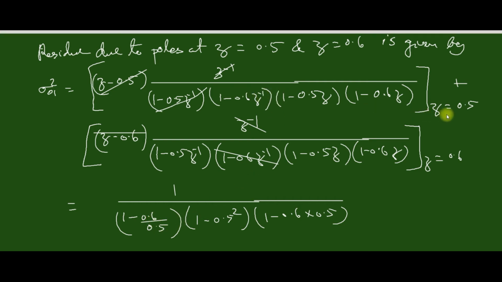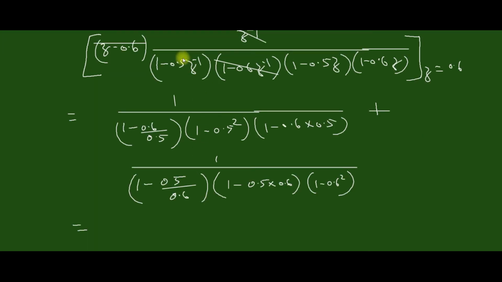Z inverse means it will be division by 0.5 into 0.5, 0.5 square, then 0.6 into 0.5 plus the term due to the 0.6. So here substituting 0.5 divided by 0.6 into 0.5 into 0.6, 0.6 into 0.6, 0.6 square.